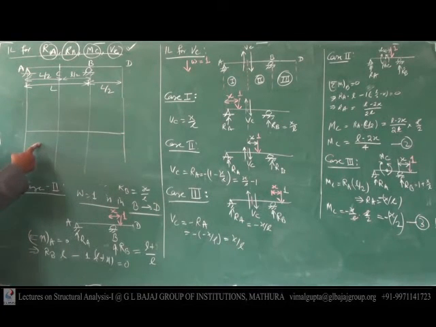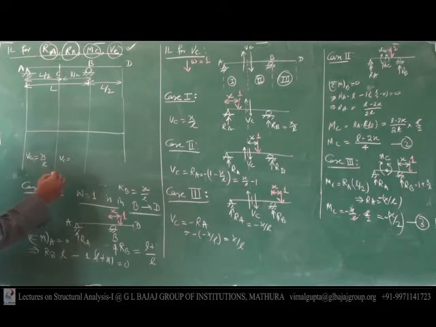This is case 1, and for case 1, value of VC is x by l. Here x by l minus 1.